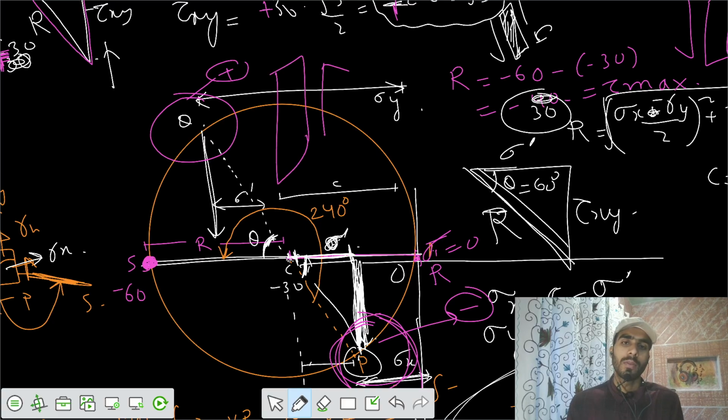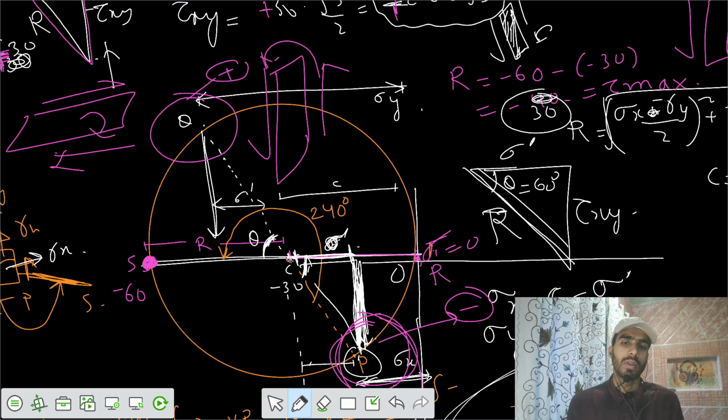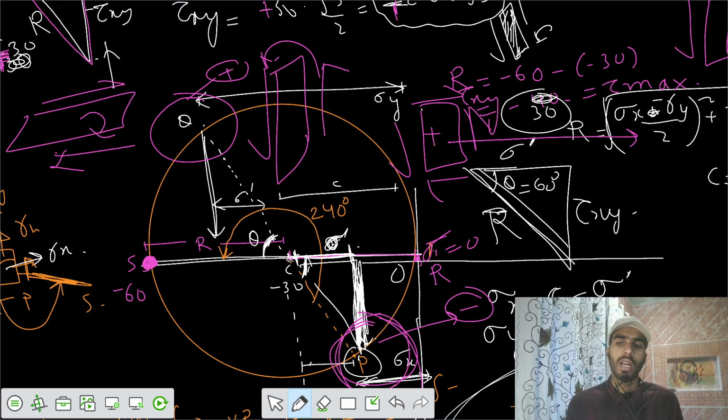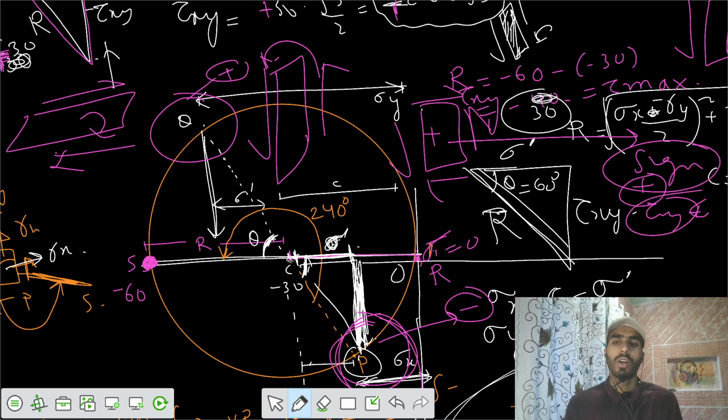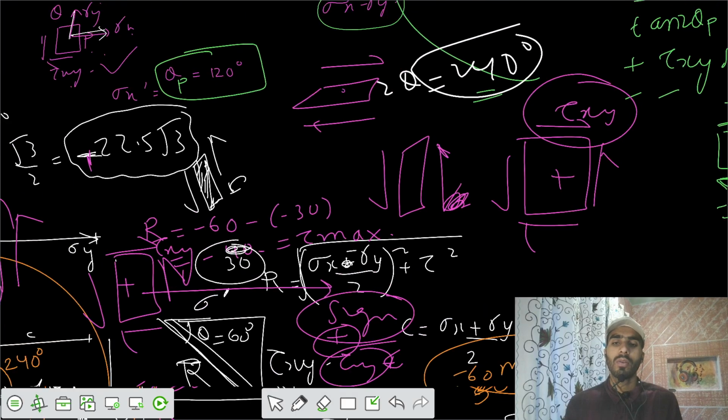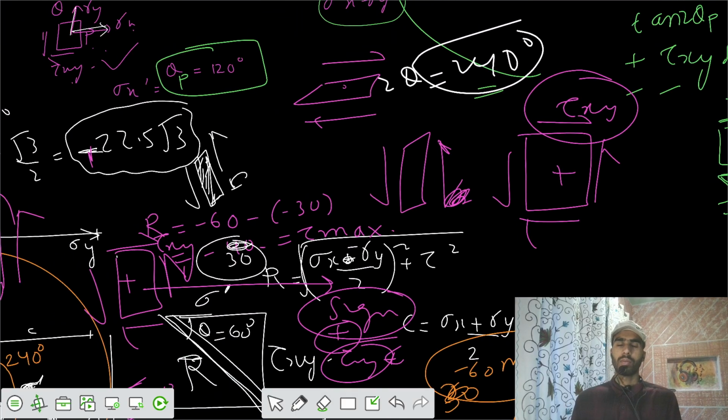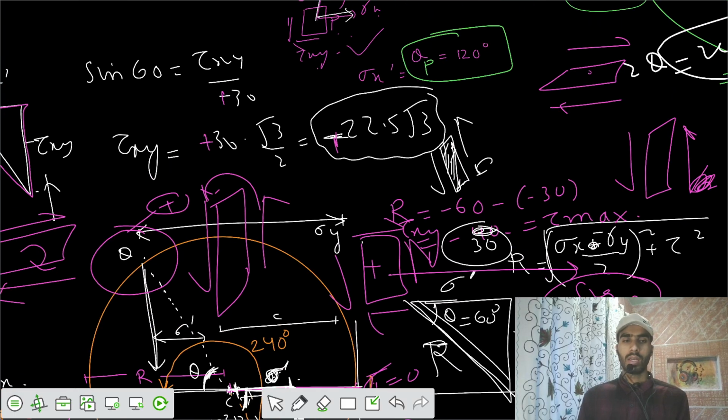In this plane it has to be anti-clockwise, and in this plane it has to be clockwise. So final stress would be a clockwise shear stress based on the stress representation and sign convention that we have studied in chapter 1. Overall shear stress is positive. So we got 22.5 root 3, that's the positive shear stress value.